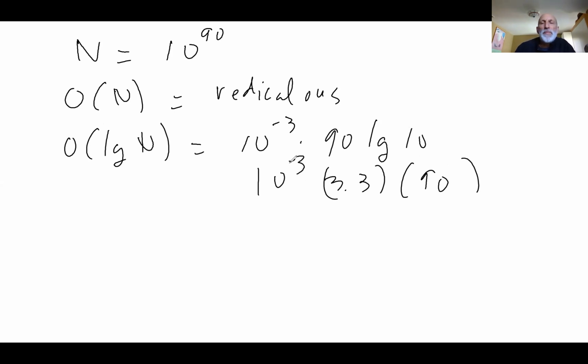Well, 90 times 3 is 270. 90 times 3.3, let's call that 300, or roughly 300 times 10 to the minus third is 0.3 seconds, right?